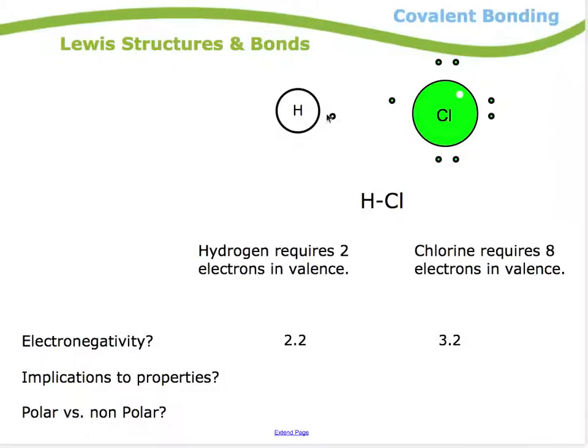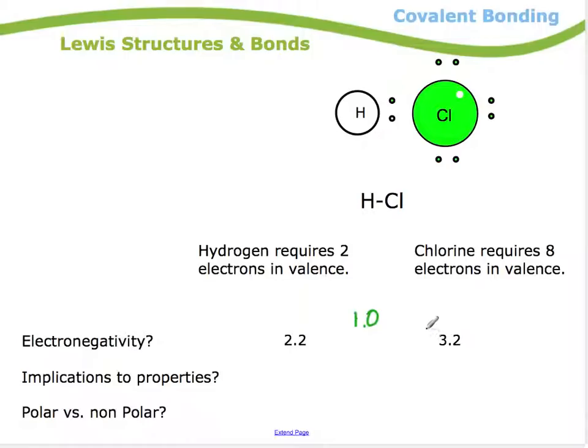Okay, here's another example that we've done before, and a bit of information on this one. If I take this and I put it together, I get a nice sharing of electrons. That's a covalent bond. When they share, just to quantify that, notice the electronegativities here, 2.2 to 3.2, the difference is only 1.